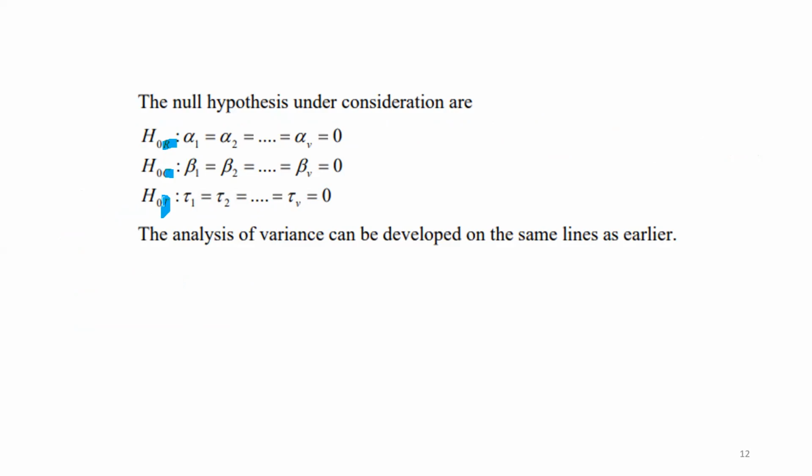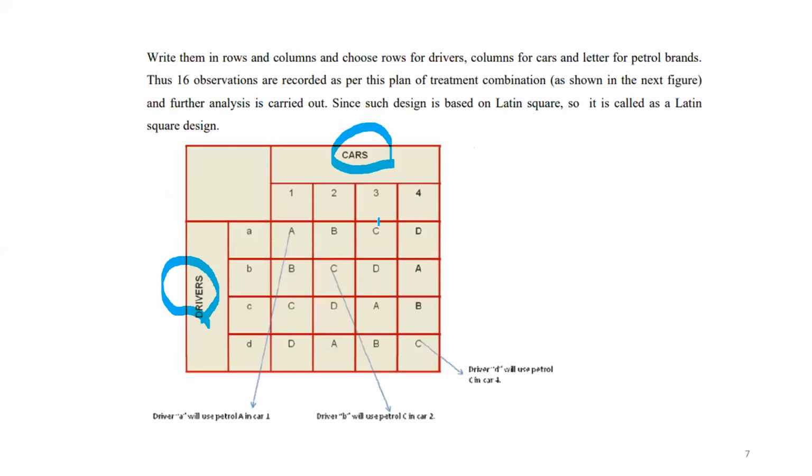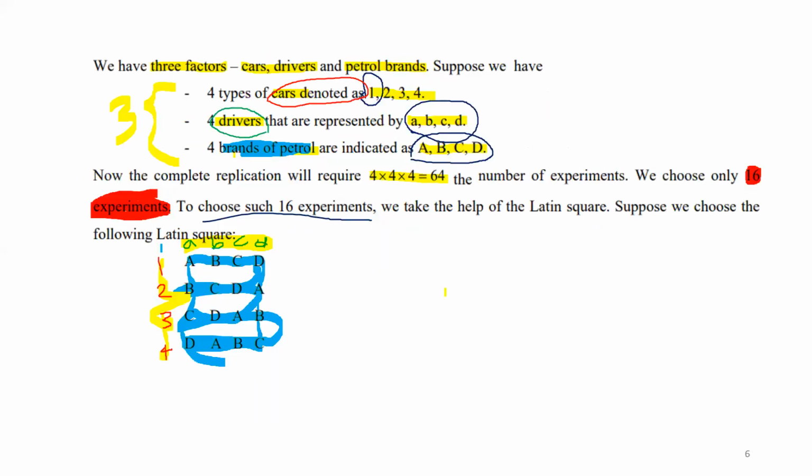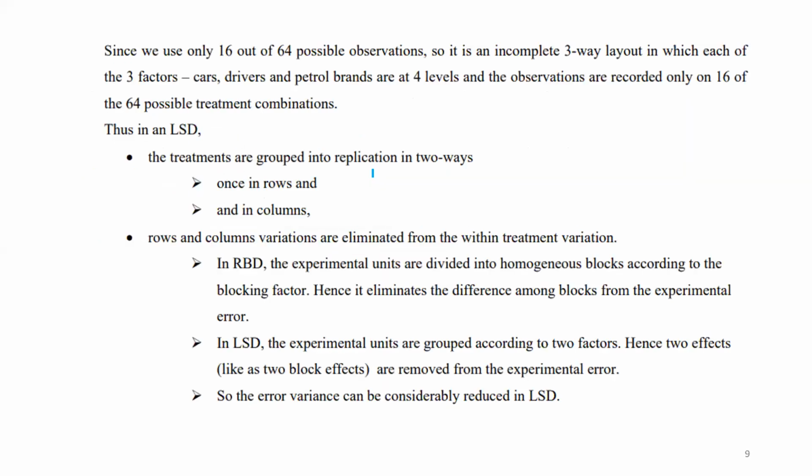If we have confirmed that we have an effect of rows, that says we have some different effects from the drivers. I'm giving conclusions according to this classification, with rows as drivers and columns as cars.